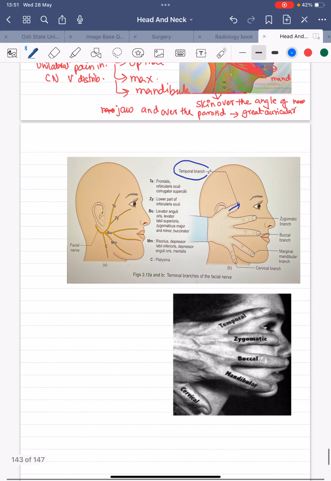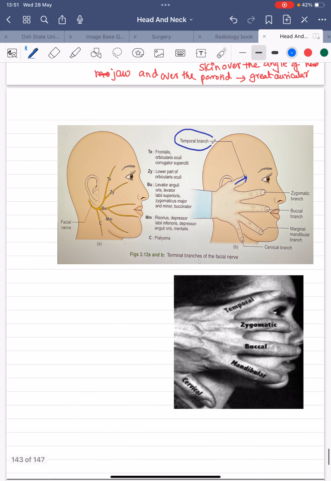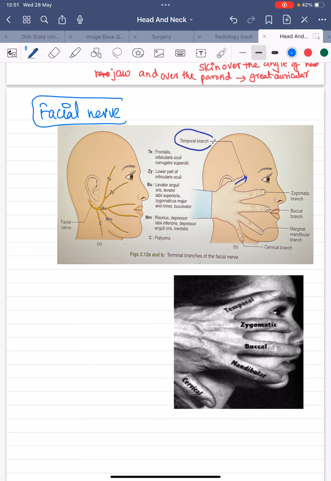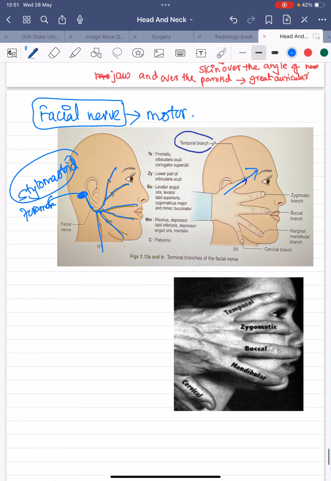Now see this diagram, all students. I explained to you that the facial nerve is the motor nerve of the facial muscles. As the facial nerve motor component passes out through the stylomastoid foramen, it gives 5 terminal branches like the hand: 1, 2, 3, 4, 5.